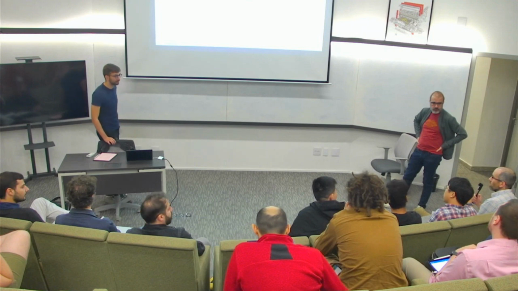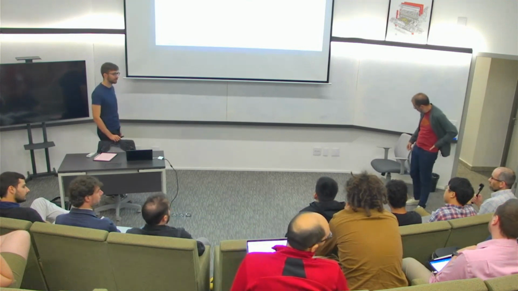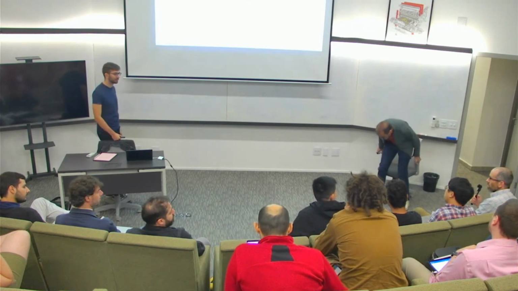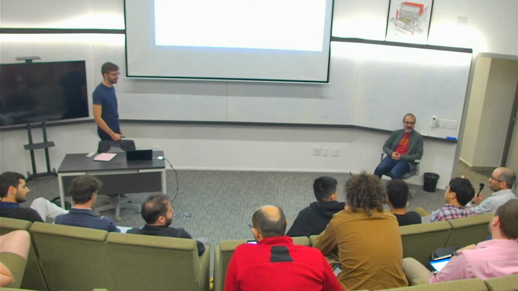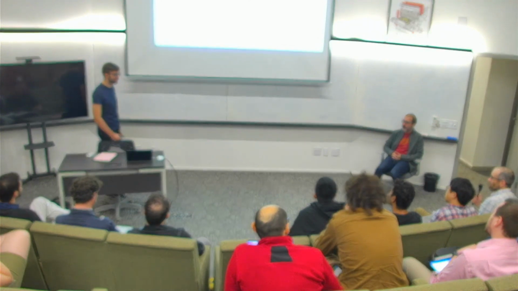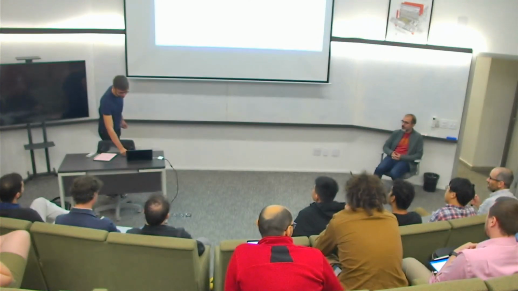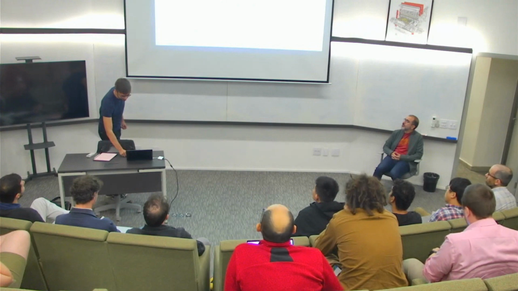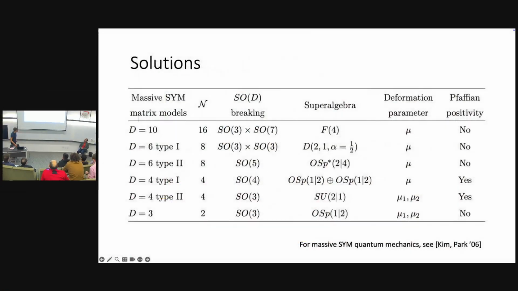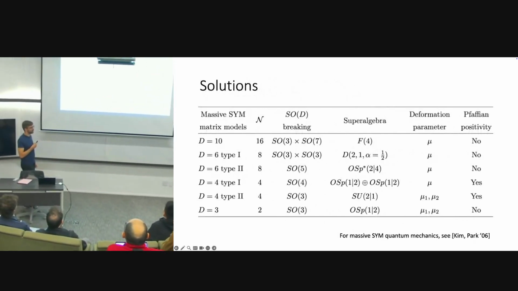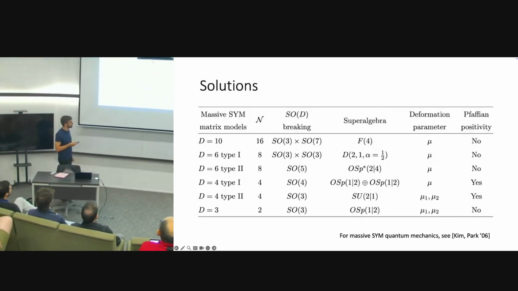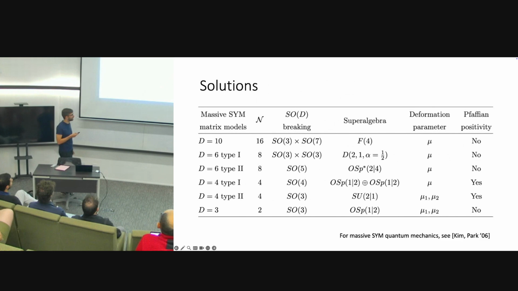My second question is more vague. In condensed matter physics, there's often a tension between the model being interesting and the model not having a sign problem. Generally the most interesting models are the ones that do have a sign problem. Do you see some such tension in the list that you found? Right, I can go back to the table. The answer is no. I don't see any difference, and that's surprising to me, because why should 4D be special compared to 3 and 6D? If everything was positive here, then we could say maybe this is the reason why this is not solvable.